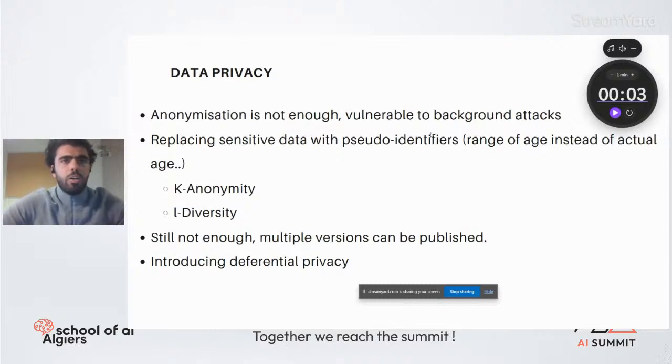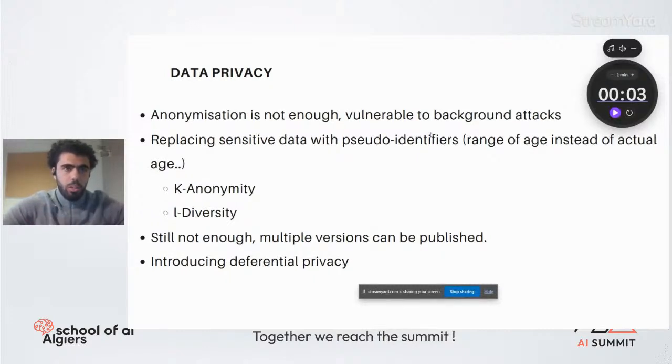So some researchers developed other techniques of grouping individual users' data into groups that share the same pseudo identifiers. So we replace their identifiers with pseudo identifiers shared between multiple individuals, making them into groups before publishing.